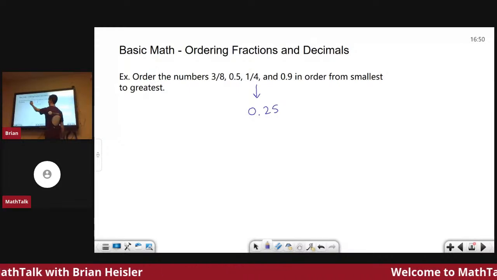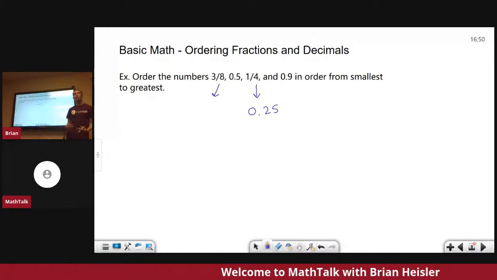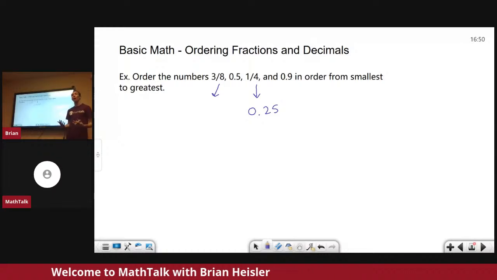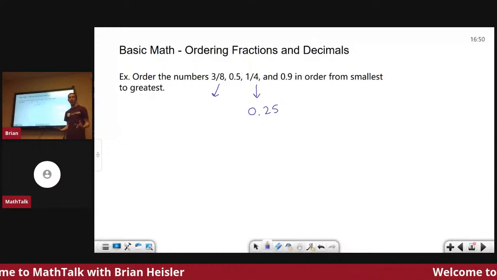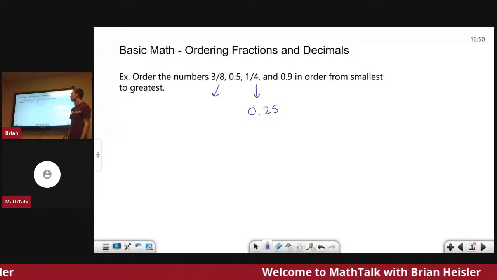Now, the other fraction here is 3/8. I may not know 3/8 right away, but if I've studied and I know that 1/8 is a certain value, I can just take that and multiply it by 3, because 3/8 is just 3 times 1/8, literally.